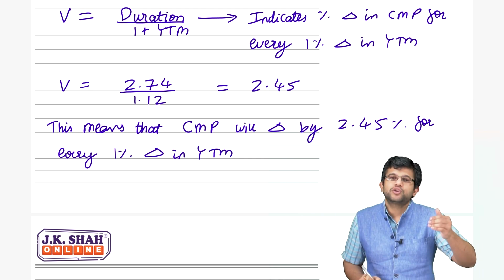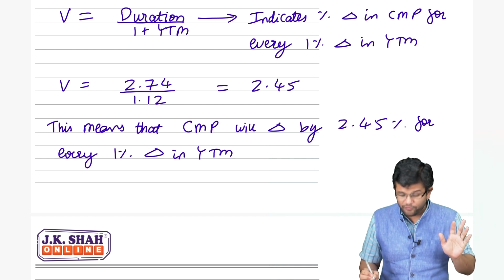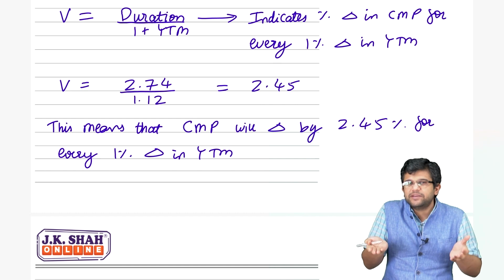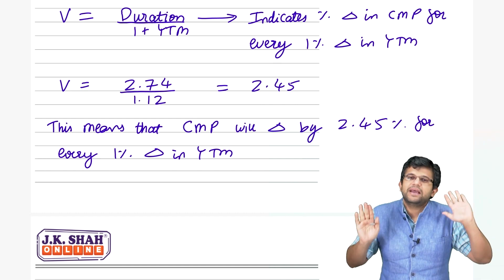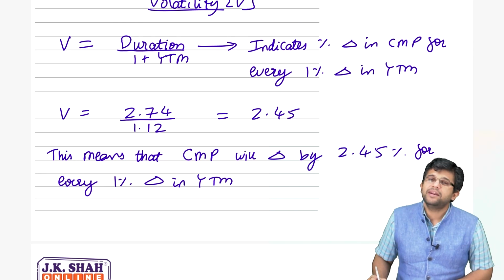Everybody following? So for every 1% change in YTM, price will change by 2.45%. I'm very sure you remember it's an inverse relationship, which means if YTM increases, price will fall. If YTM falls, price will rise. I hope you remember that, right? So children, this was the discussion that we had done in volatility.